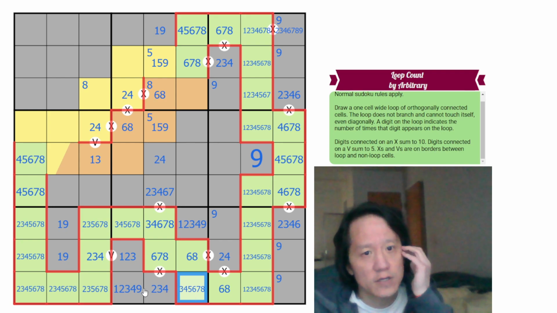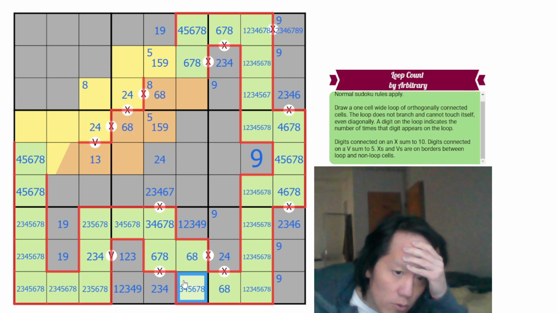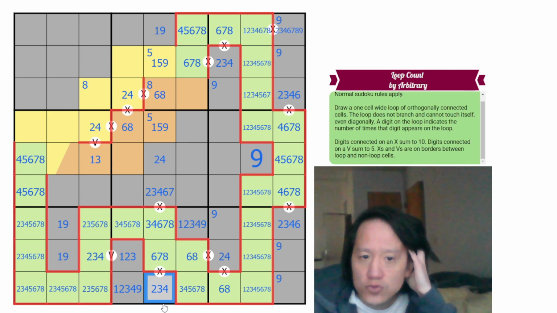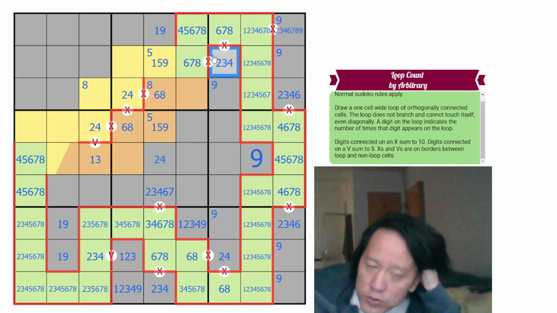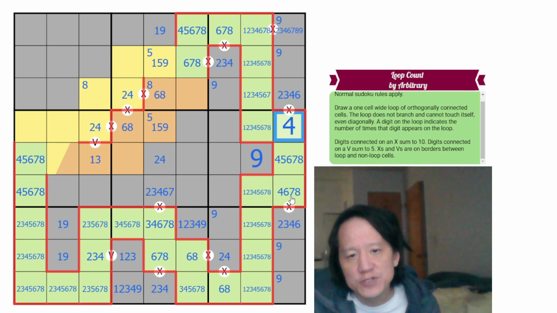That doesn't tell us anything though. This is 2, 3, or 4. What if this is 4? If this is 4, well, that has to be 6.